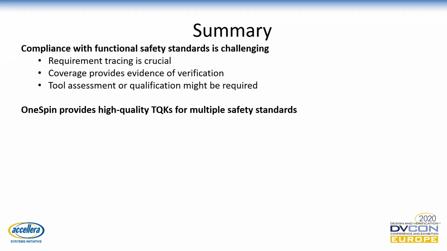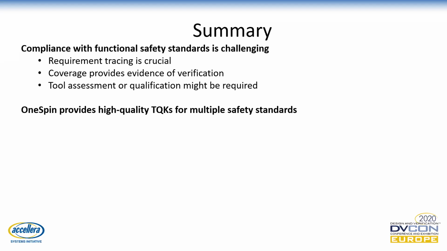When it comes to functional safety standards, this is very challenging. We have proof, and we are also working towards making the most of it. We are well aware that requirement tracing is crucial, and coverage is considered evidence for the safety standards.